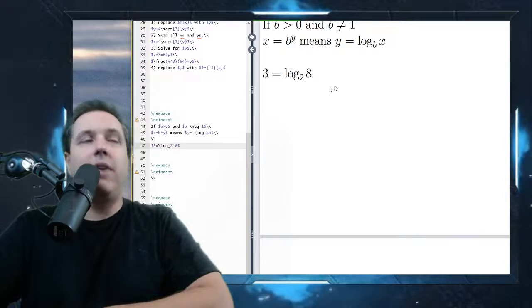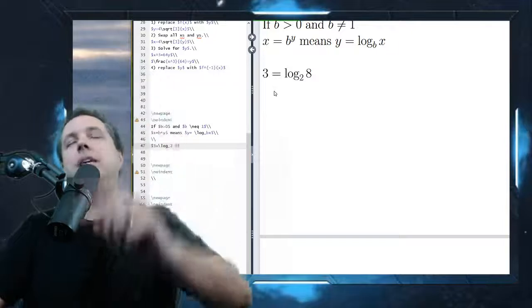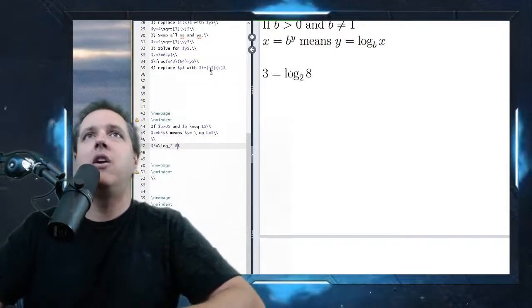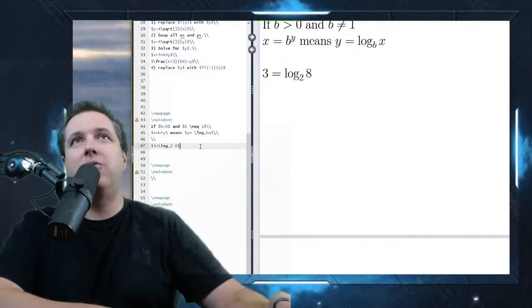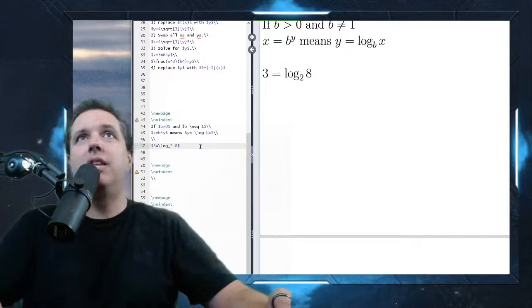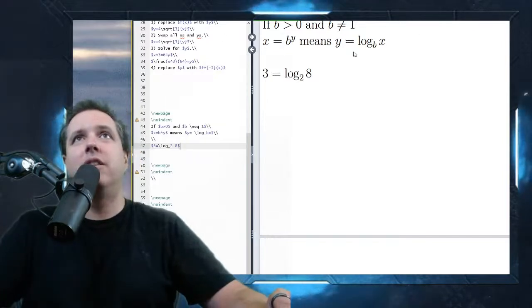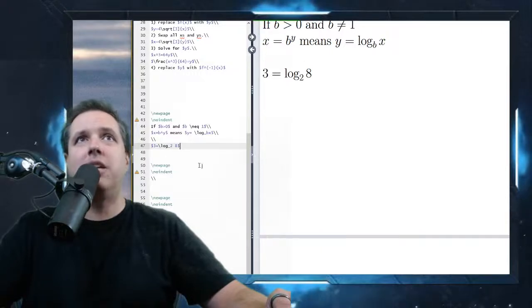Okay, if I hand you this, some of you might be quick studies and go, no, that makes sense. I understand what that's saying. But I would guess there's a number of you who are a little confused and go, 3 equals log base 2 of 8? What is that supposed to mean? Well, let's use this conversion right here. We started with this. Let's convert it into its exponential form.